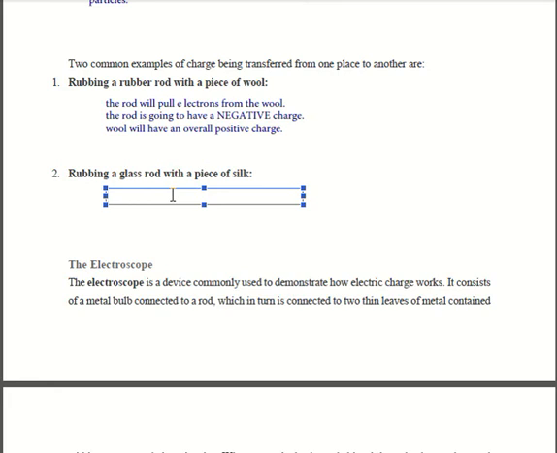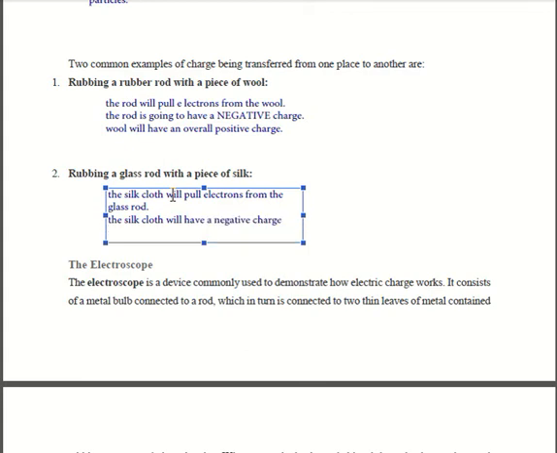But if we use glass and silk, then the silk cloth is actually going to pull electrons from the glass. So since the silk cloth is pulling in extra electrons, it's going to get an overall negative charge. And since the glass lost electrons, it's going to get a positive charge.